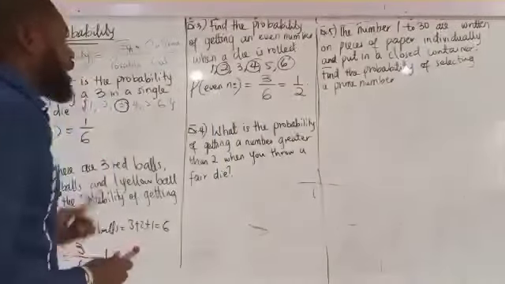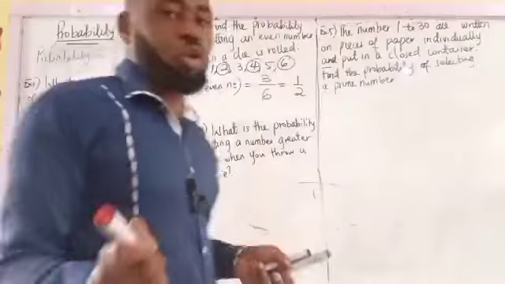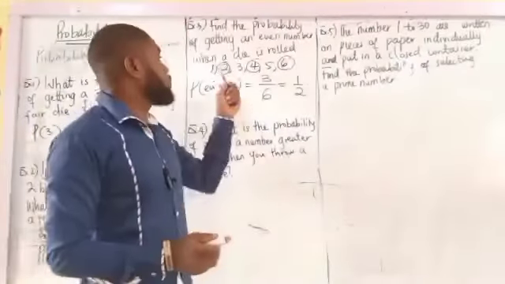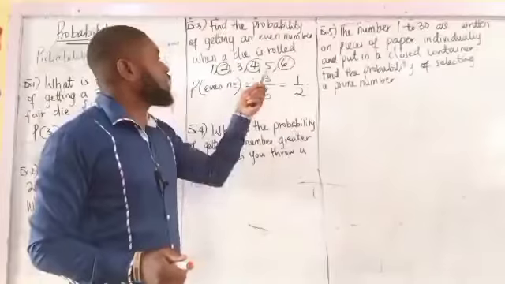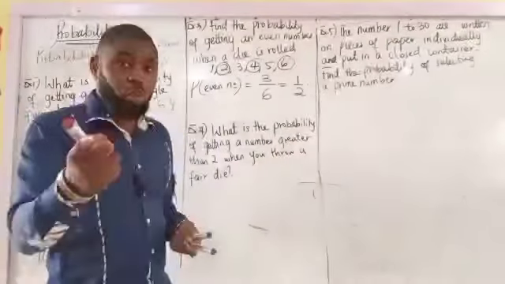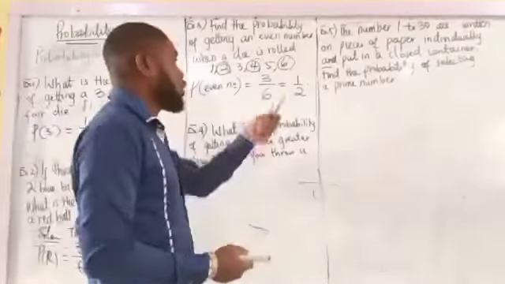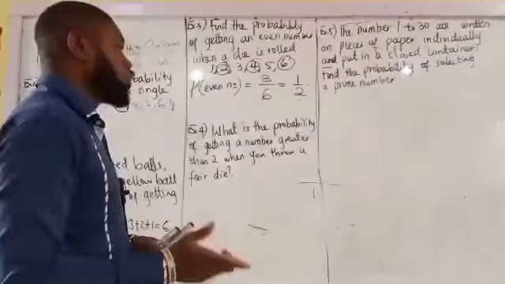This also applies to odd numbers. If you pick out one, three, and five, there are also three favorable outcomes, and the possible outcomes are six, so it becomes one over two as well.